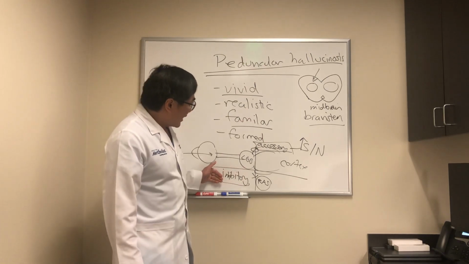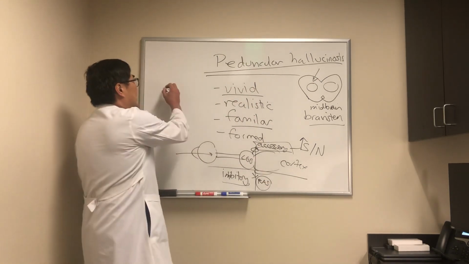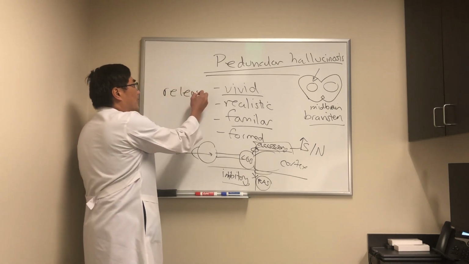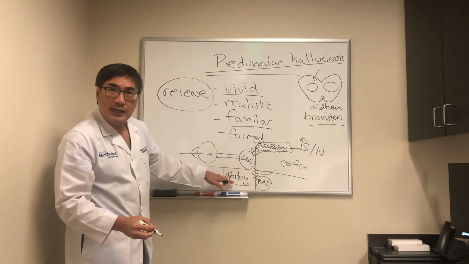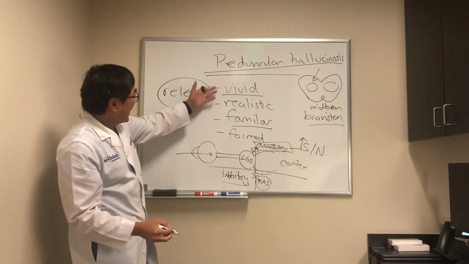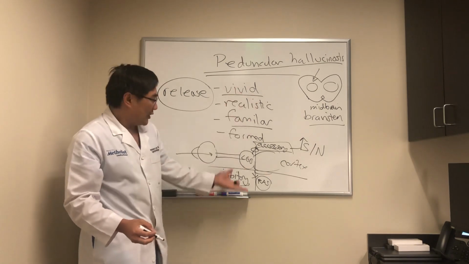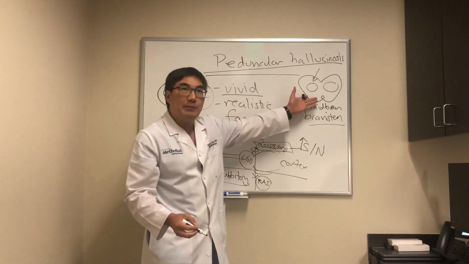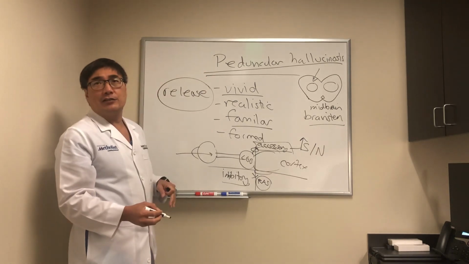And so when we inhibit that process, these release hallucinations might come out. So this, to me, is a form of release hallucination because of loss of the inhibition. And that lets this vivid, realistic, familiar form hallucination come out, even though your lesion is in the midbrain or the pons. And that we call peduncular hallucinosis.